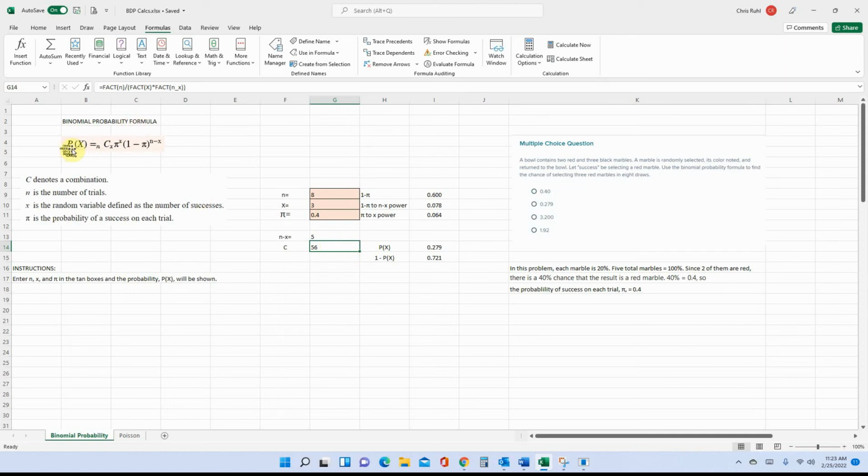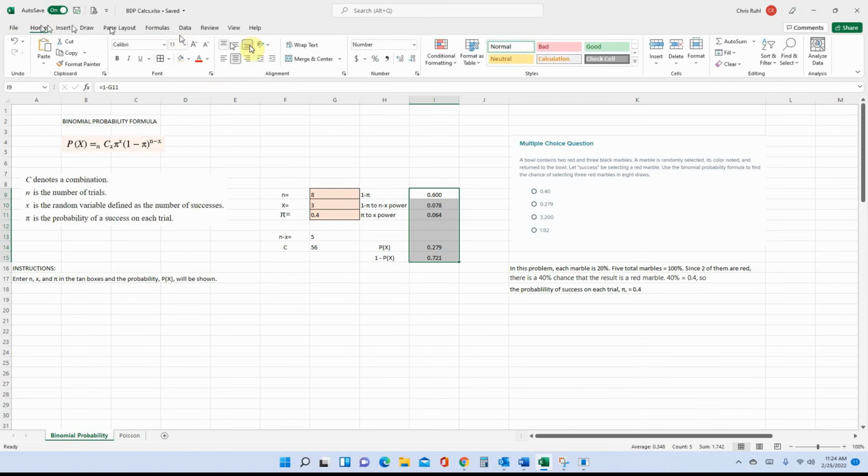So to get p of x, the probability of getting 3 red marbles, we take C times 0.078 times 0.064. And it comes out to, and I'm going to expand these, and I think your book just does 3 spots, 0.279, which is this one right here, second option.